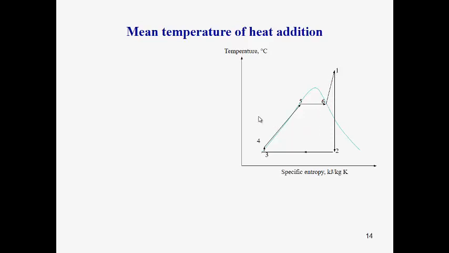The equivalent mean temperature of heat addition can be defined if this temperature glide or these steps are replaced by a constant temperature by equating the heat transfer. In the TS diagram, the area under the curve represents heat transfer. So the heat supply from 4, 5, 6, 1 is equal to 7, 8.